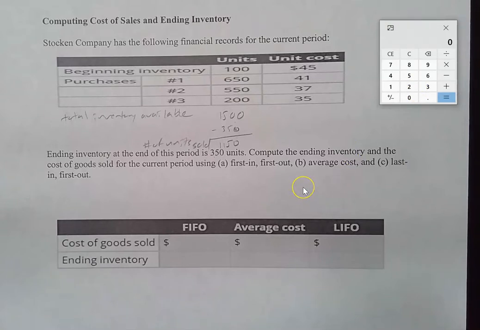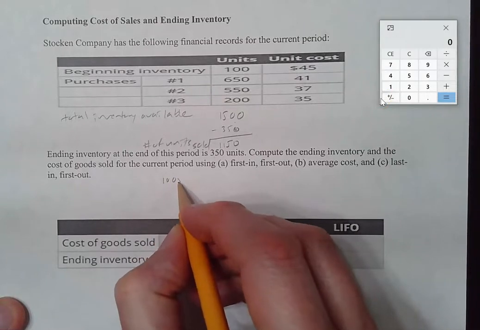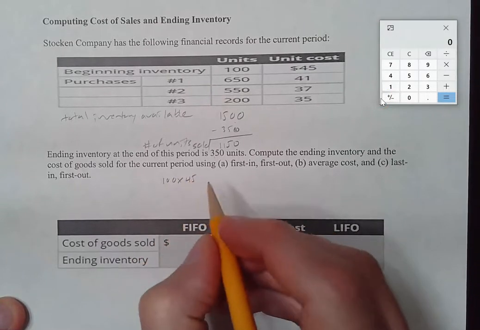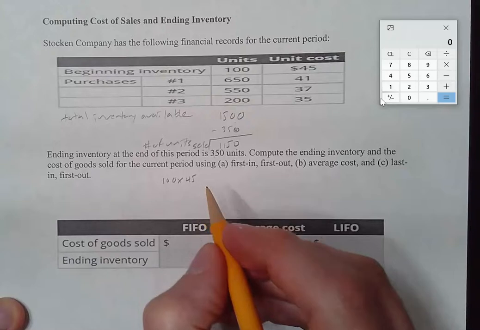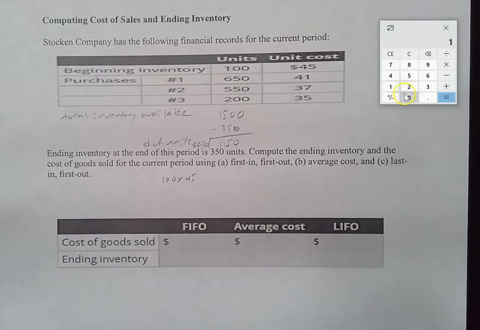I'm going to say, okay, well, I know that I sold 1,150, and I know that I sold all 100 of my beginning inventory purchases, because we're using FIFO, and the first in inventory are the first out of inventory. So for FIFO, I can say, okay, what is 100 times 45? And I believe that we will come up with $4,500 for that, but let's just go ahead and plug it in.